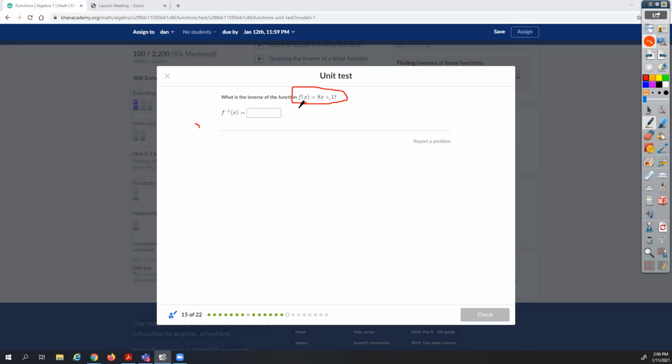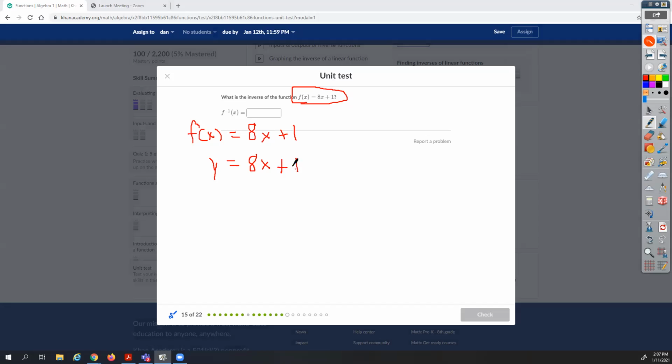Remember, f of x is equal to 8x plus 1. I told you guys you could see f of x as what again? Y, very good. So we have y is equal to 8x plus 1.